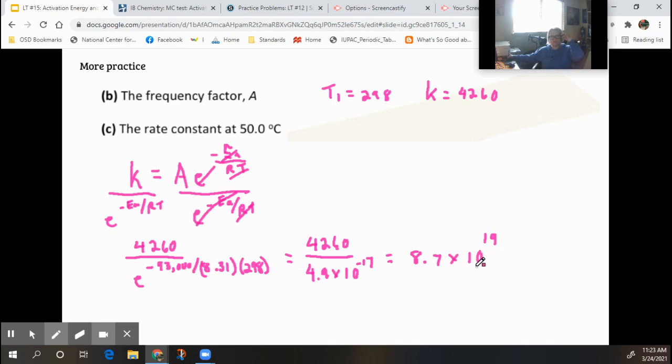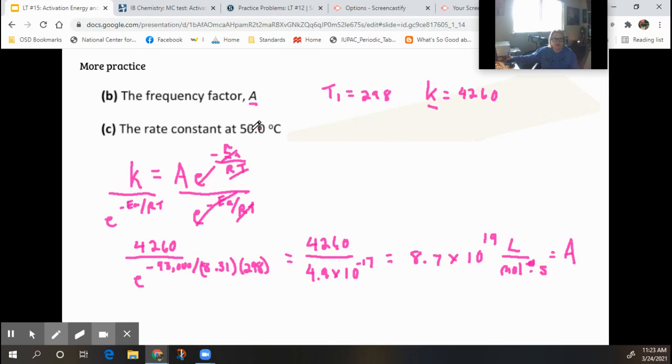Now, a really easy trick with units for A: it's going to have the same units as your rate constant. And since this was a second order equation, I found that the units are going to be liters per mole second. So that's going to give me my A value.